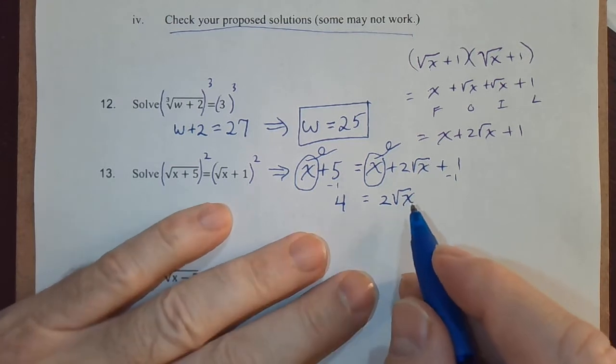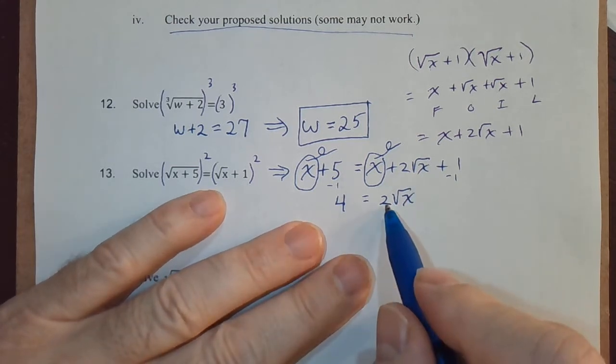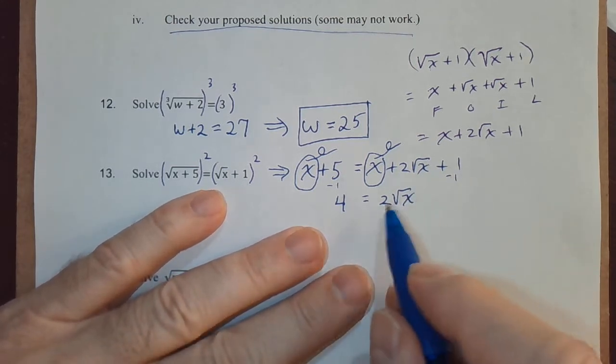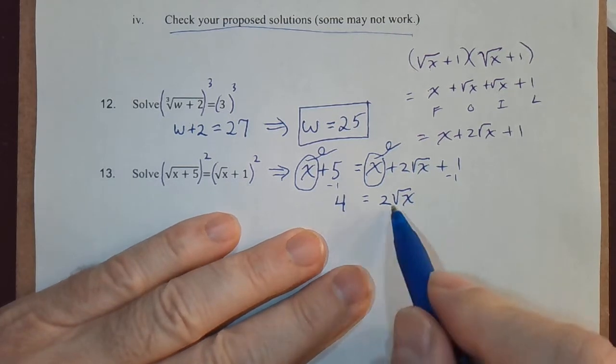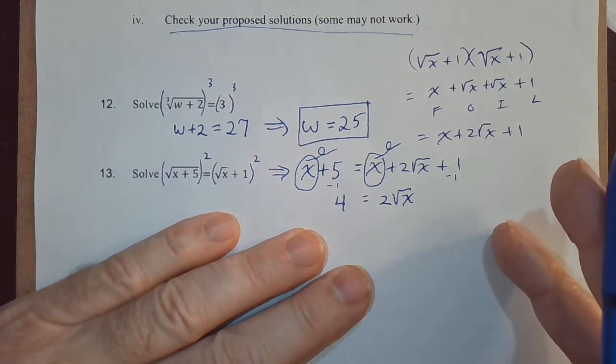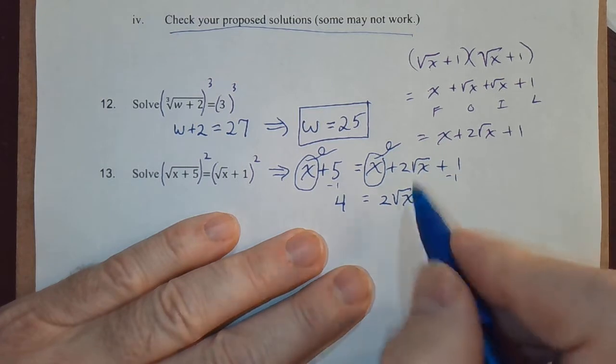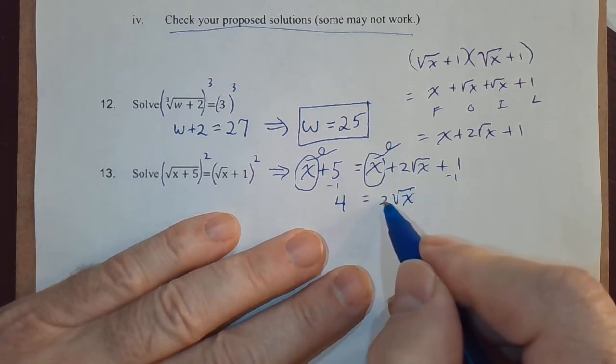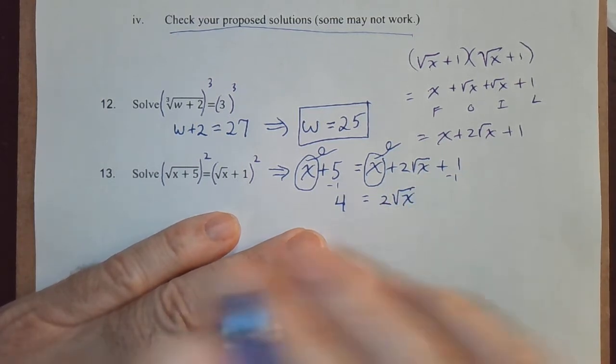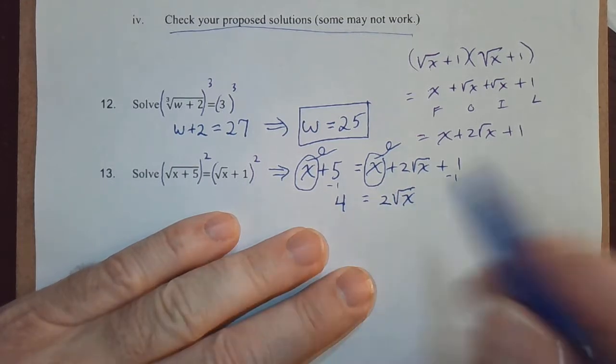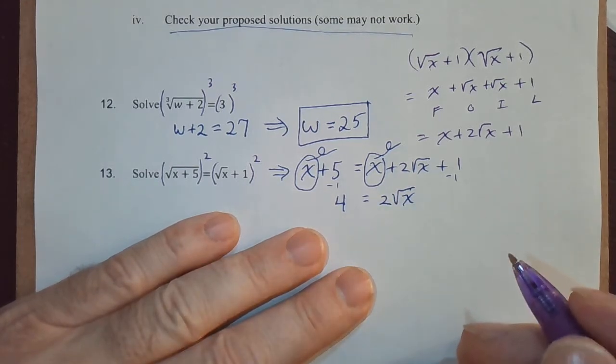Now from this point, I could divide both sides by 2, but I don't have to. If I have a radical that has a multiplier in front of it, just a nice real number, I can go ahead and square both sides.